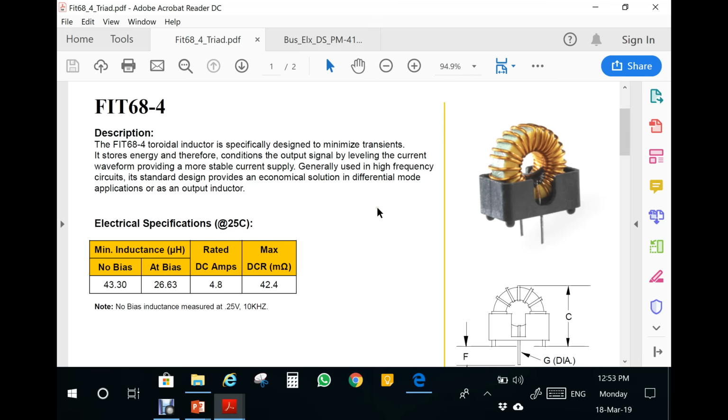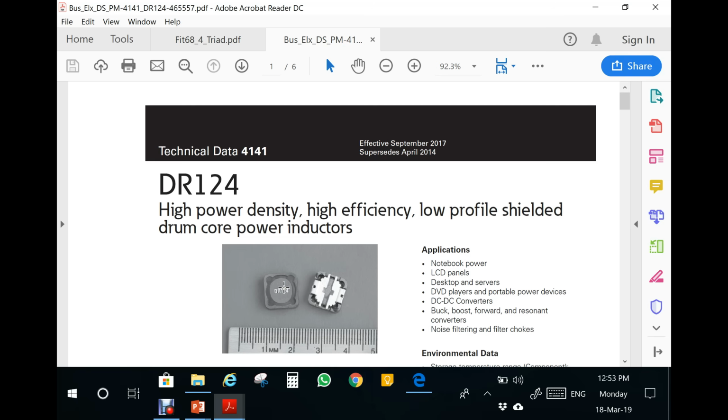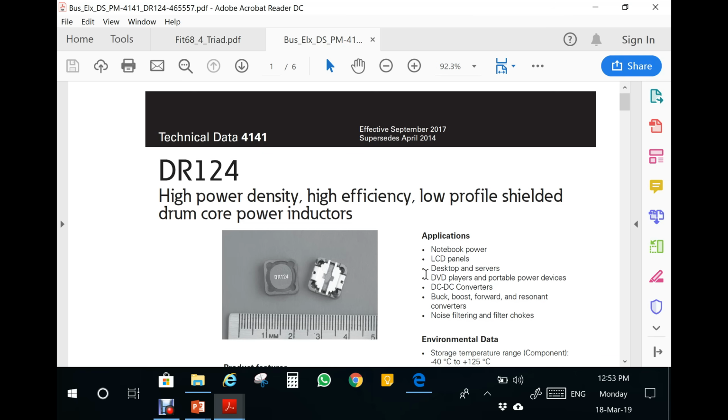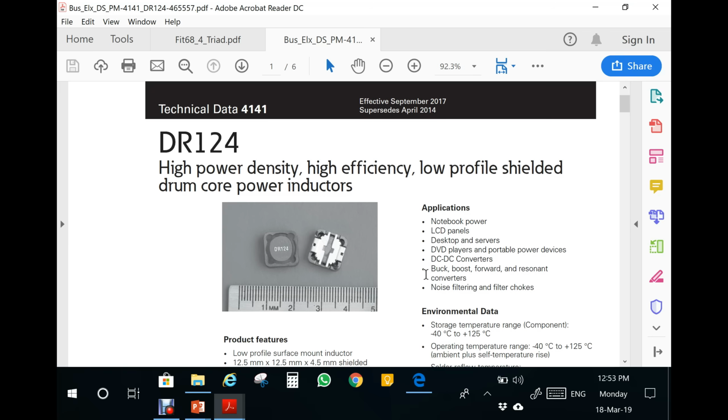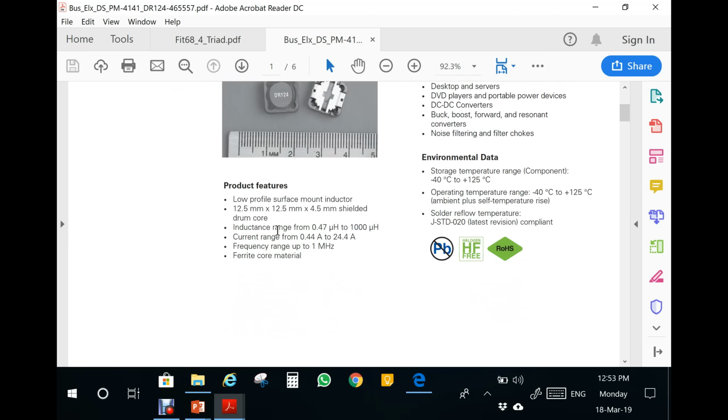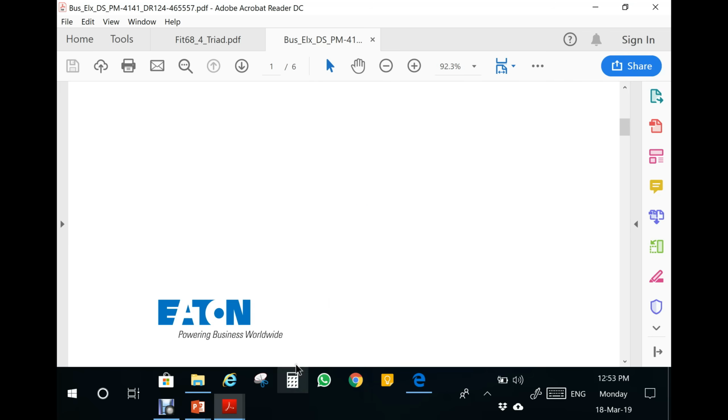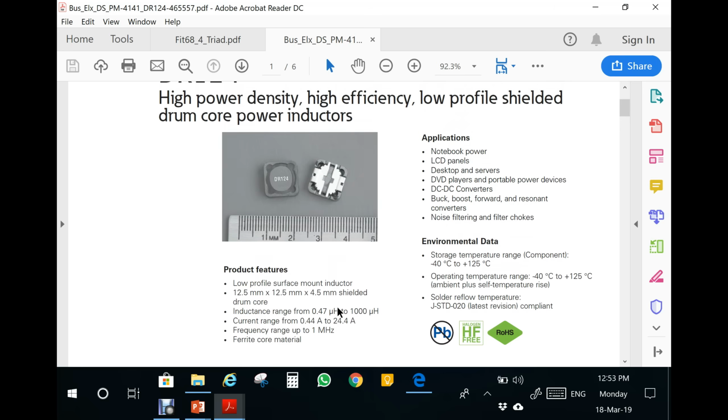Okay, so let's have a look now at another device, another commercial inductor. This will be the DR124 that I've already mentioned. This is the Eaton device, the company, and this is how it looks.